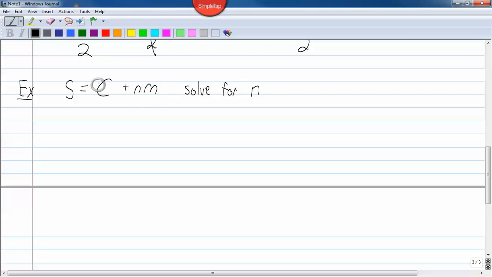To do that, I'm going to have to move this C over to the other side. Now, since there's no sign in front of the variable C, this is a positive C. So if I want to move it over, I need to subtract C from both sides. Okay, so I have S minus C equals N times M.